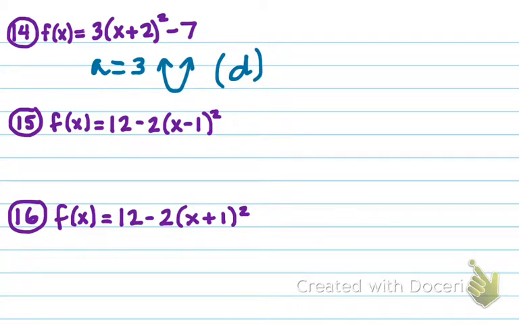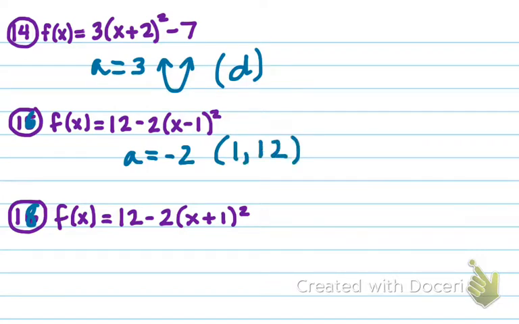And then on 16, and I numbered these wrong. This is 16 and this is 18. All right, so on number 16, we have an A of negative 2, which means it's going to be one of the upside down parabolas, but that doesn't narrow it down enough. And then our vertex has to be positive 1, 12.